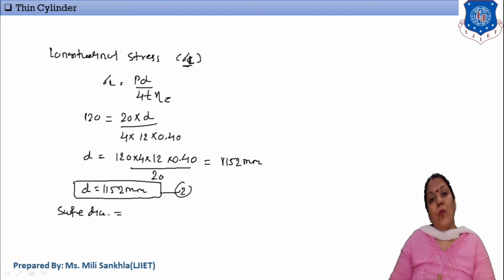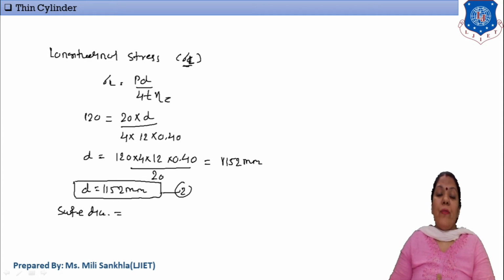First is our lower value, 1080 mm, and second is our higher value, 1152 mm. Now guys, in the equation of stress, PD by 2T or PD by 4T, the diameter is in the numerator. In thin cylinders and spherical vessels, our target is to reduce the stresses.